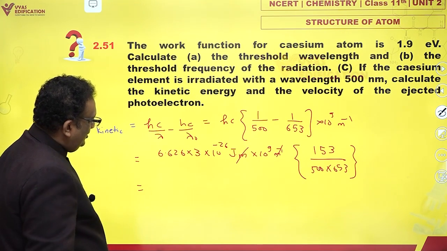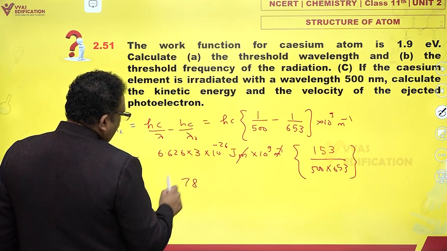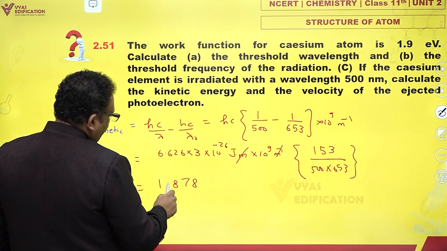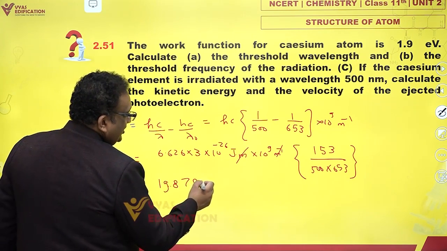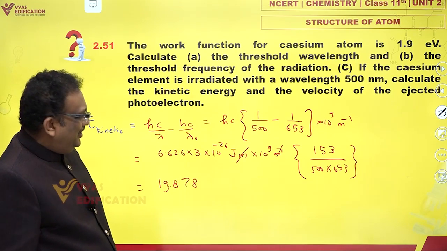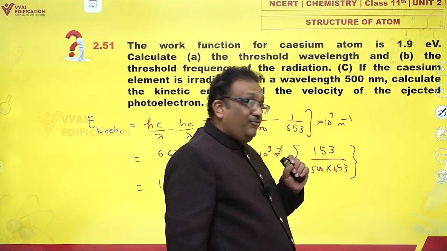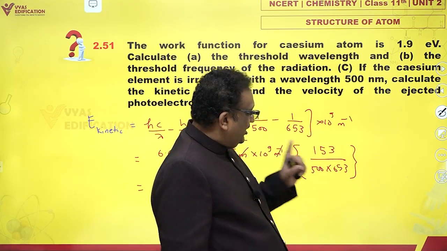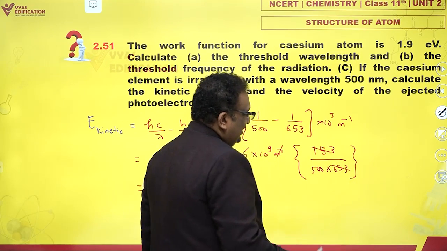This makes it, well, 26 3s are 78, 6 3s are 18, 19.88 into this ugly number. 153 fours would be 612, and this is 653.